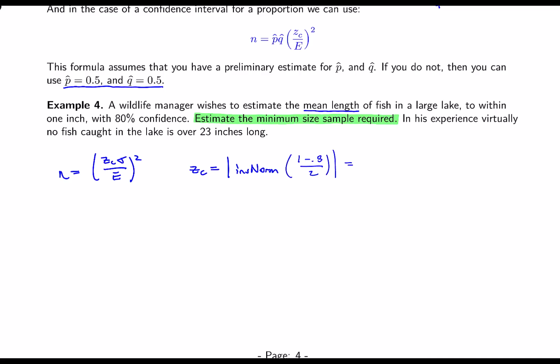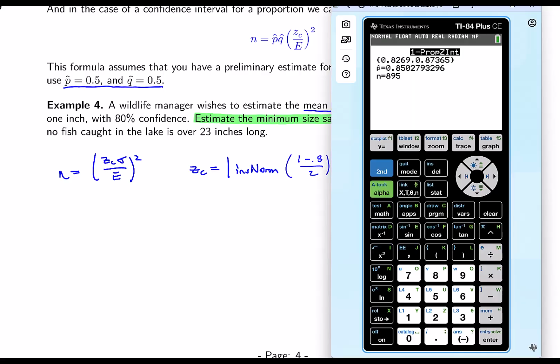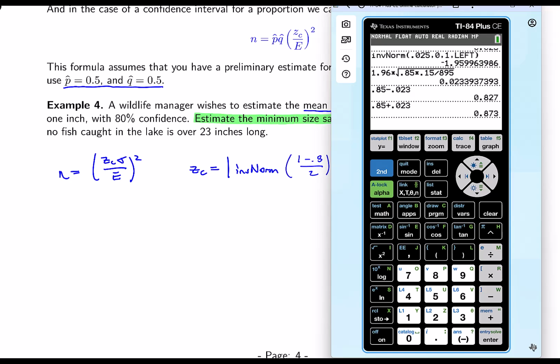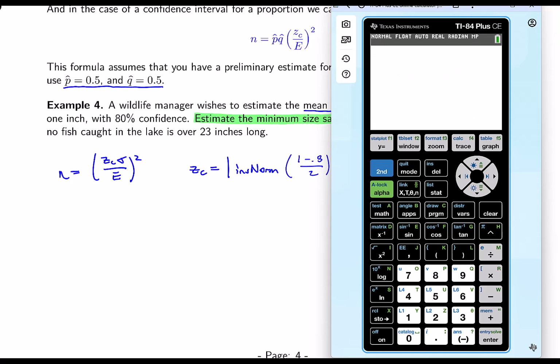We'll just use the calculator for this. And again, I'm just going to use the TI here because this is from previous sections, and you should be able to do this kind of calculation no matter what technology you're using at this point.